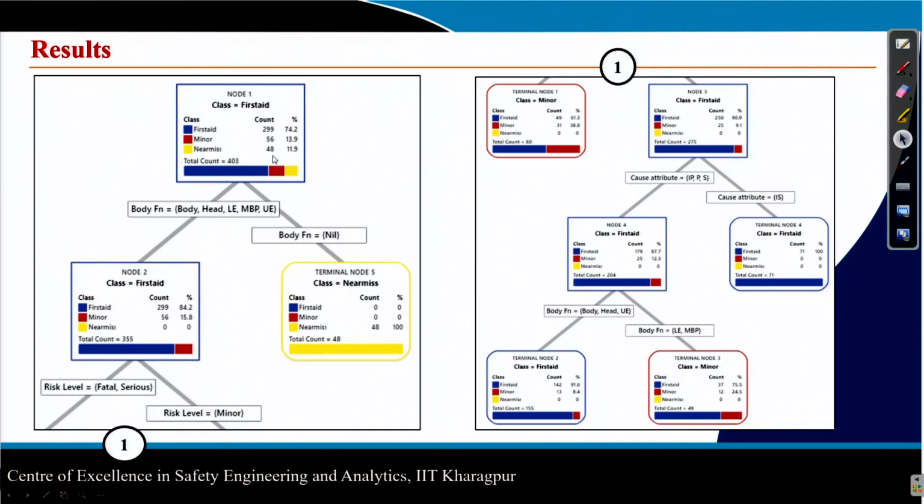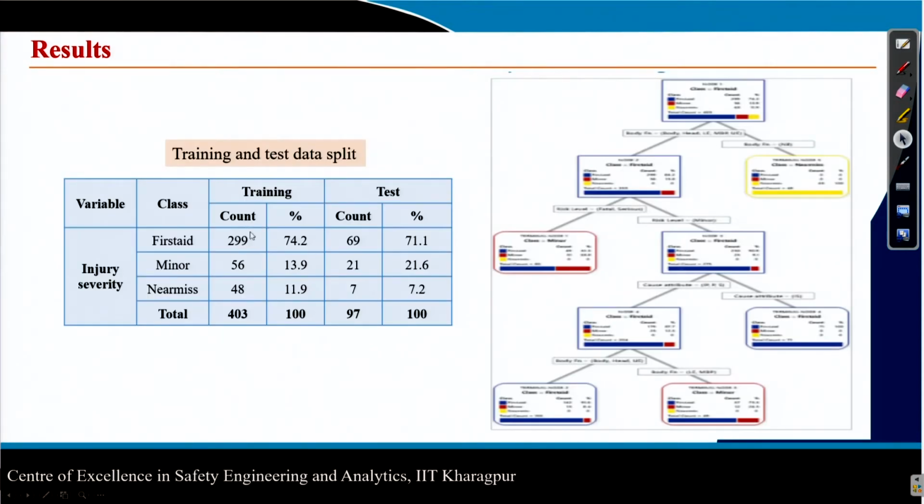Actually 500 is the total data. In the root node, when you make the class, basically 500 is what is given here. So we split the data into two parts, as I told you earlier, 403 and 97. Now using the 403 training data, we are showing you the development here.